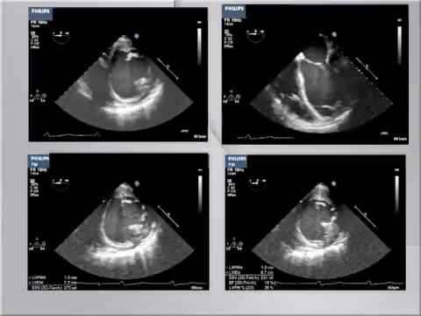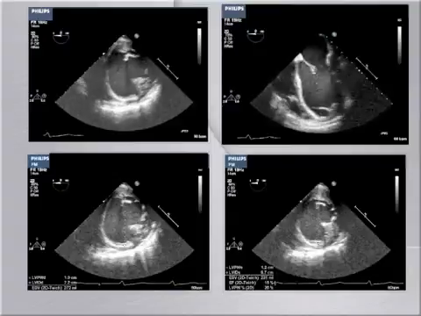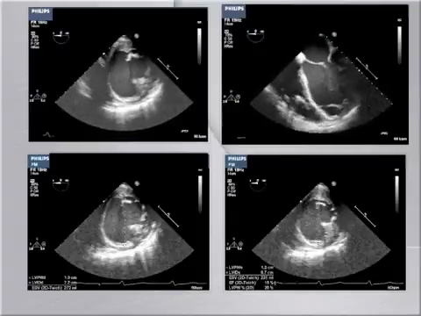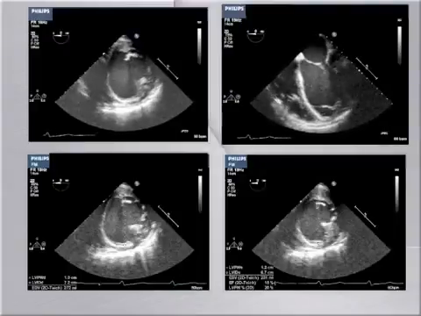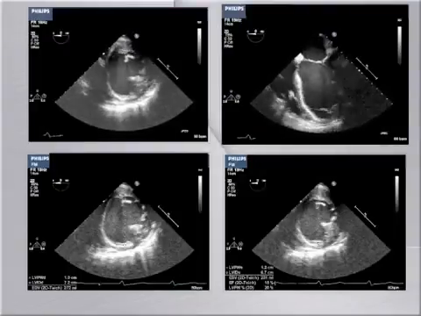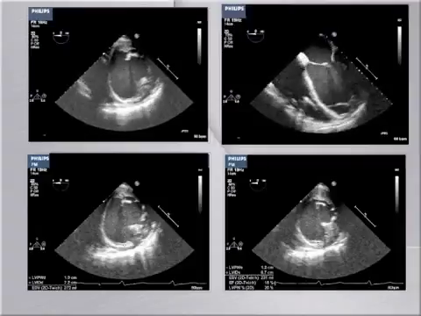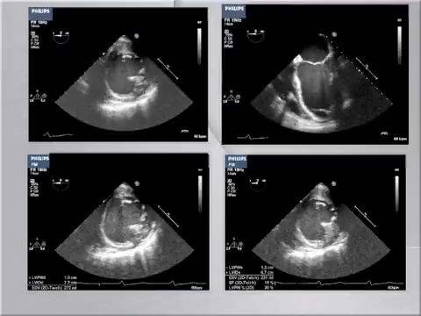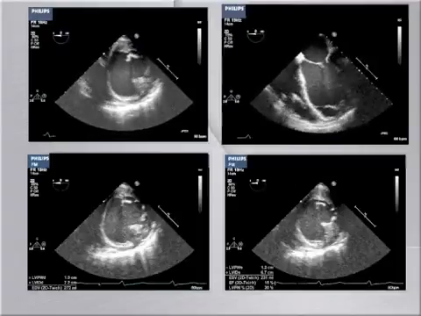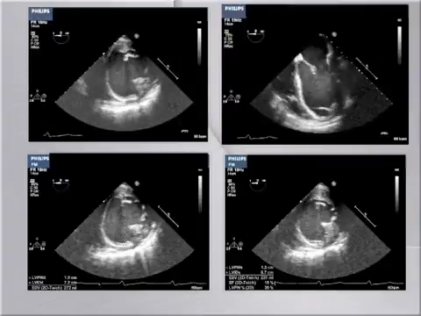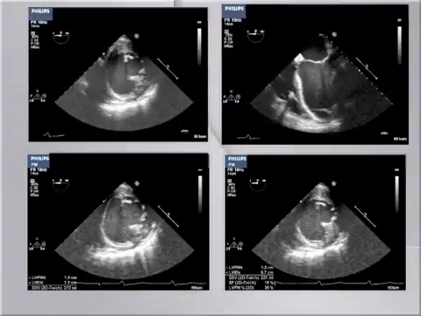On the bottom left, we see an end diastolic diameter of 7.2 centimeters, which is severely enlarged. On the bottom right, we see an end systolic diameter of 6.7 centimeters, a calculated end systolic volume of 231 cc's, and a calculated ejection fraction of 16%, all suggestive of severe LV dysfunction.